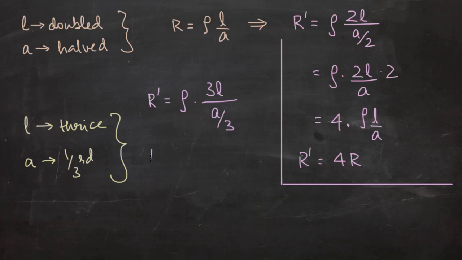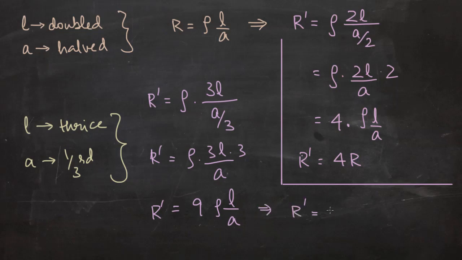Rearranging these terms, I would get R dash is equal to rho into 3L by A into 3, which is nothing but 9 times rho L by A, correct? So my new resistance R dash is 9 times the original resistance.